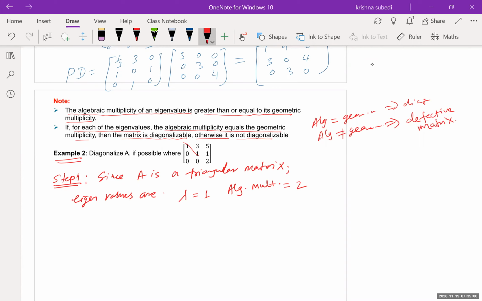So algebraic multiplicity 2, and lambda equals 2 and algebraic multiplicity is 1, right? Okay, step 1 is done.